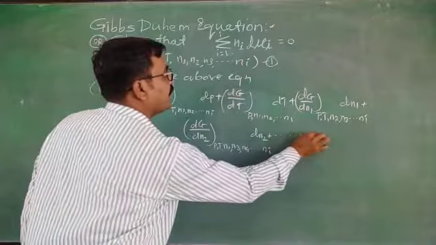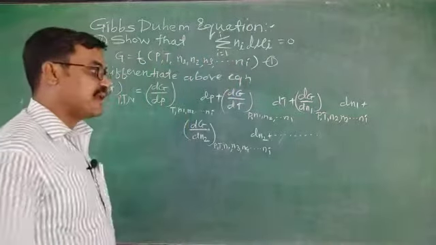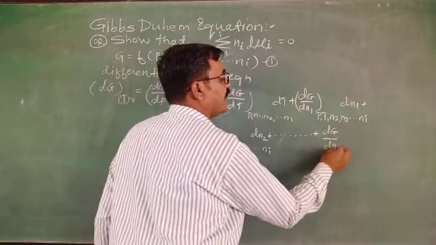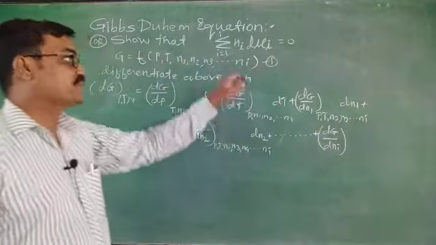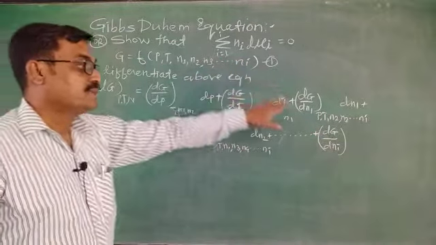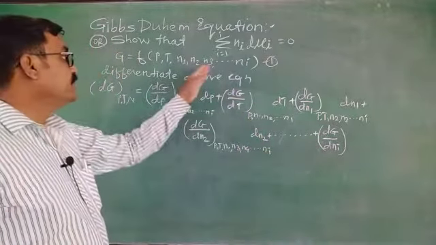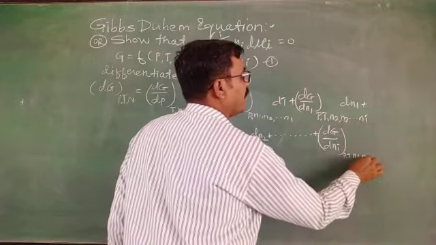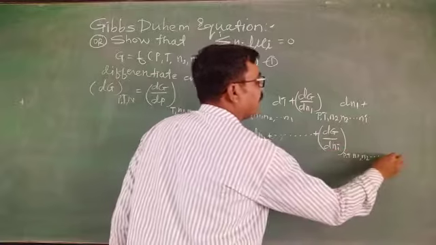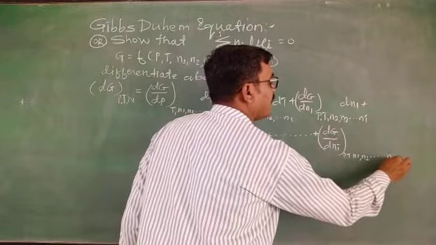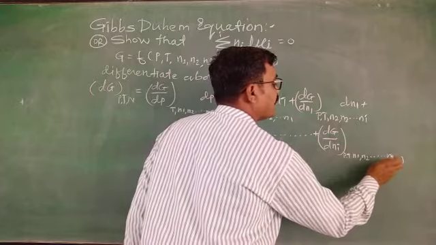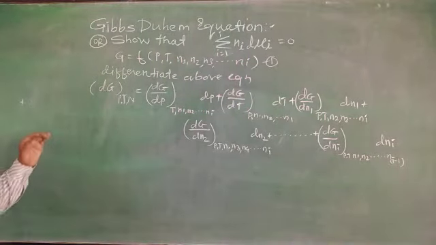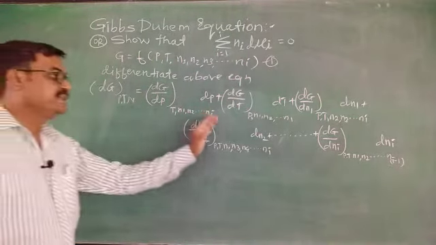In this way, for the last term, plus dG upon dNi, the differentiation of Gibbs free energy with respect to the number of moles of the last component, at constant pressure, temperature and all other constituents N1, N2, up to Ni minus 1, the last but one component, times dNi. Why did we do this?